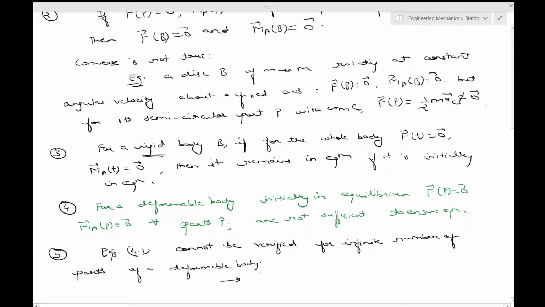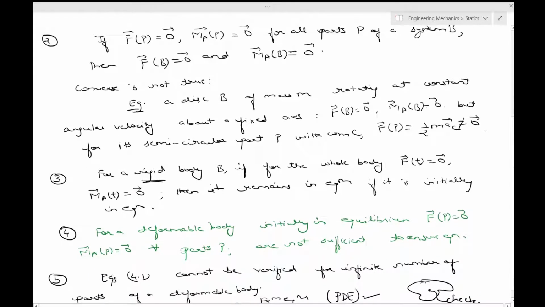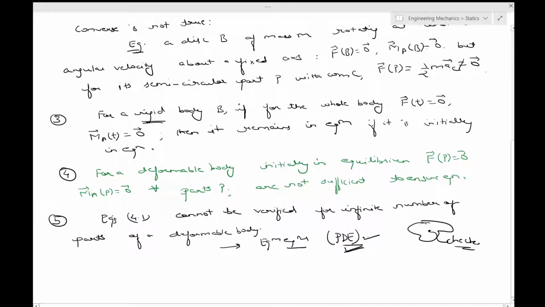So what happens is that you have so-called equilibrium equations which occur as partial differential equations, and these you can check. If you have a deformable body, you can check at any given point that the partial differential equation is satisfied or not. If it is satisfied at this given point, then it means that equation 4.1 is satisfied. So we are not learning about those partial differential equations at this stage. Okay, so these were a few comments about this.